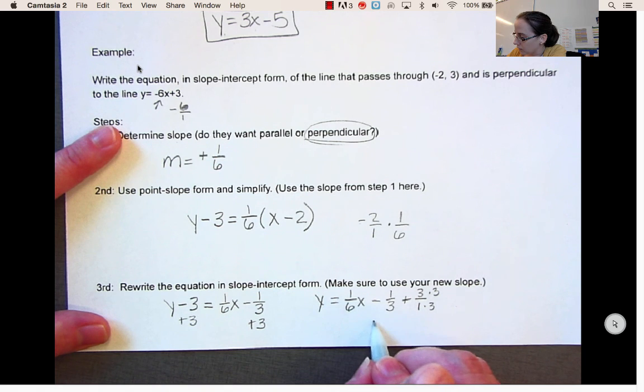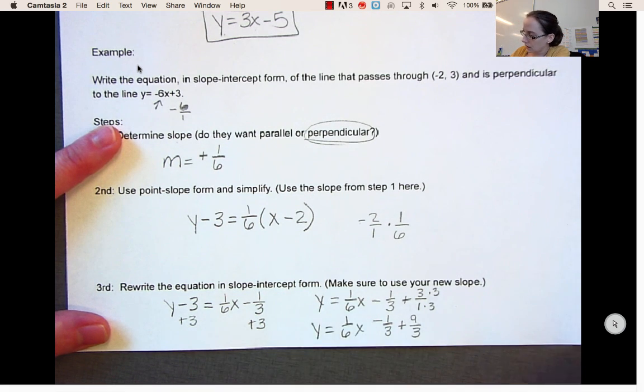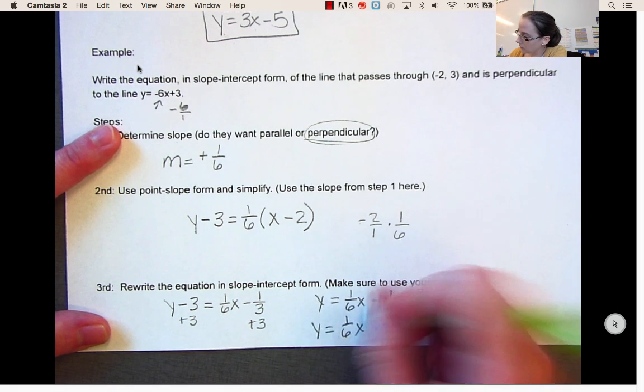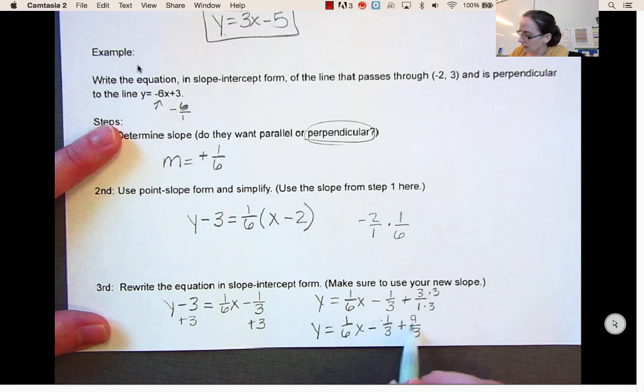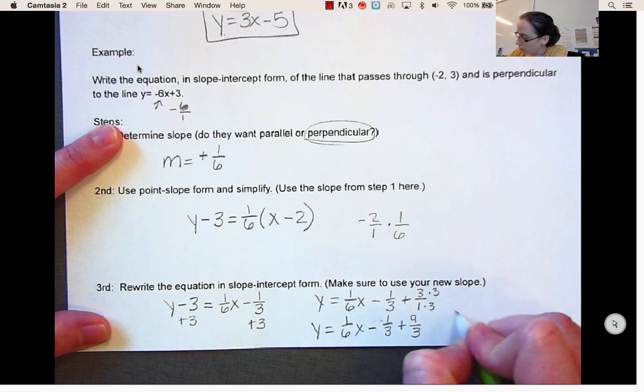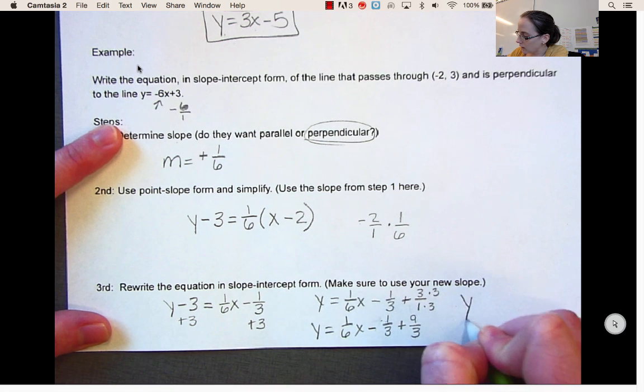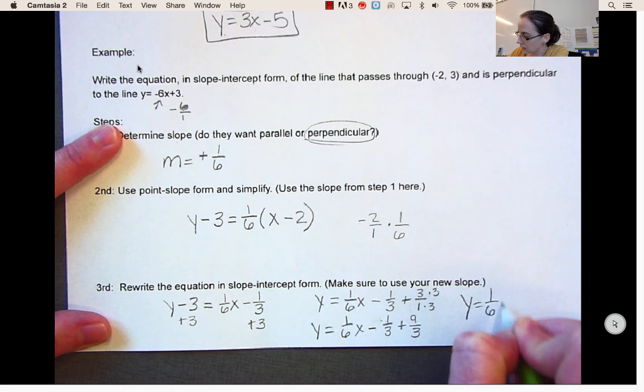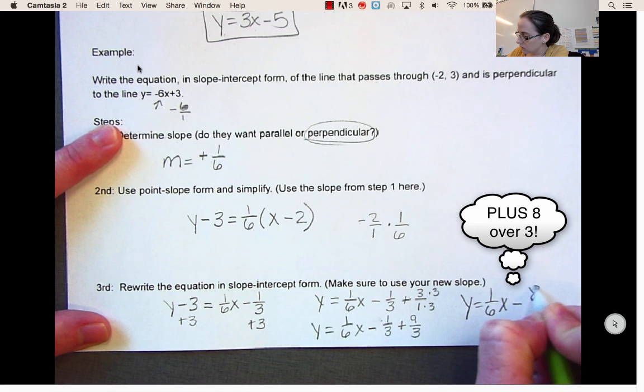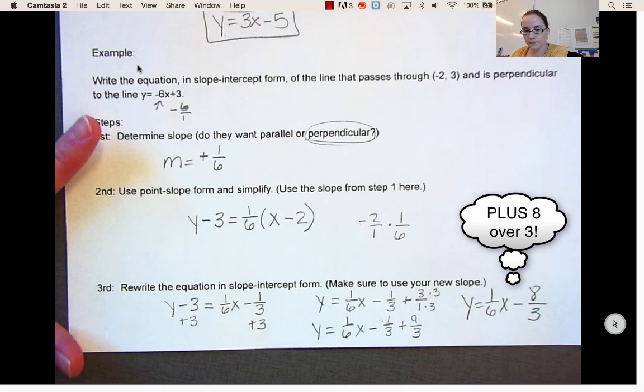So we'll have minus 1/3 here, plus 9/3. I'm just going to rewrite this equation. And so we have 9 minus the 1 is 8. Okay, so our official equation is y equals 1/6x minus 8/3.